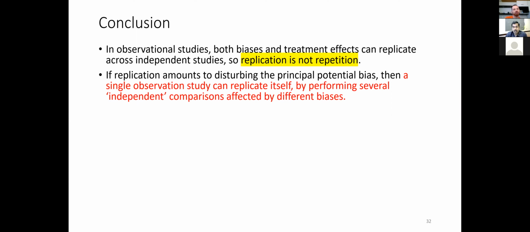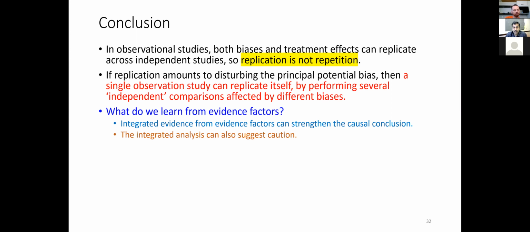And if you are able to perform an evidence factor analysis, what can you learn from it? One, the integrated evidence from the evidence factors can strengthen the causal conclusion. But if they don't agree with each other, if the evidence factors give us evidence in different directions, then that suggests caution.